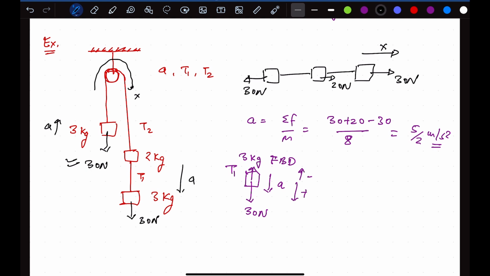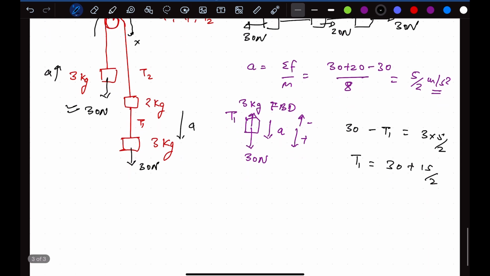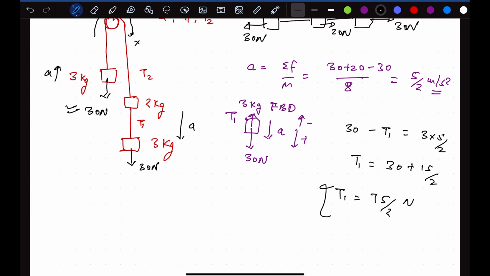Then I can say that 30 minus T1 equals 3 multiplied by 5 by 2. So T1 basically comes out to be 30 minus 15 by 2, that is 60 minus 15 by 2 Newtons.